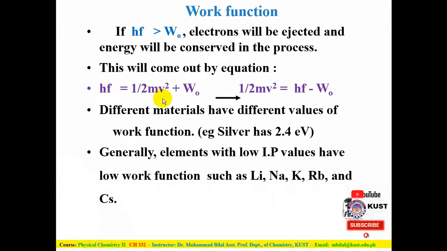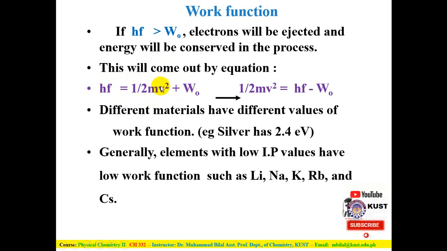However, if the incoming photon has energy greater than the work function, an electron will be emitted from the surface and energy will be conserved in the process. This gives the equation that the incoming photon energy equals 1/2 mv², the kinetic energy of the ejected electron, plus the work function.